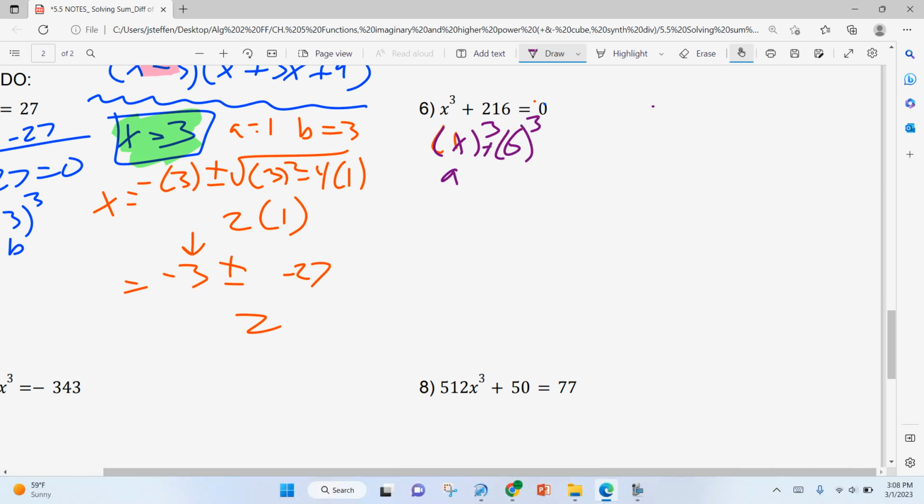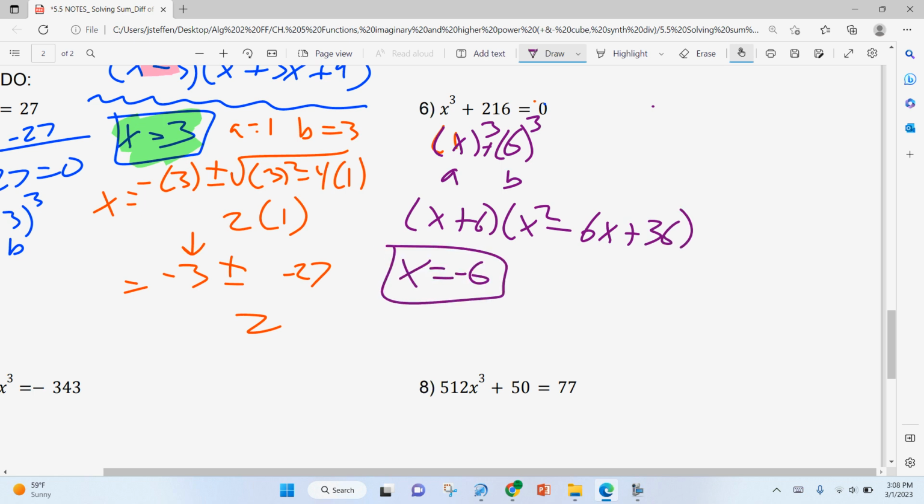So my A is x, B is 6. This is x plus 6 times A squared minus, because it's got to be the opposite sign, A times B is x times 6 plus B squared is 36. So my first 0 is an easy one. That's negative 6. That's what makes this 0.